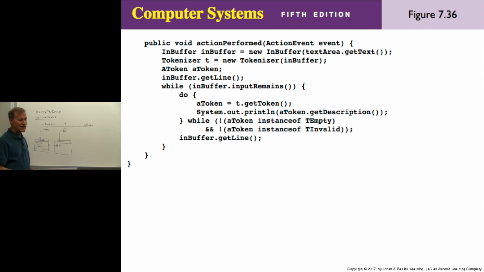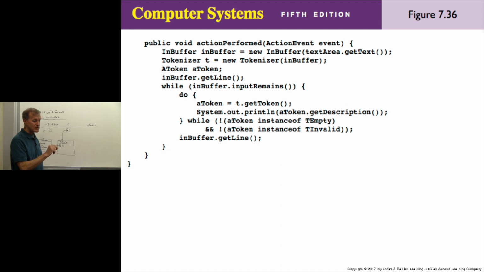And now check this out. We have a nested loop. So what do we say? While in buffer dot input remains. Now remember, we guaranteed that at the end of the buffer we concatenated 2 new line characters. We guaranteed that the last line is going to be how long? 0.